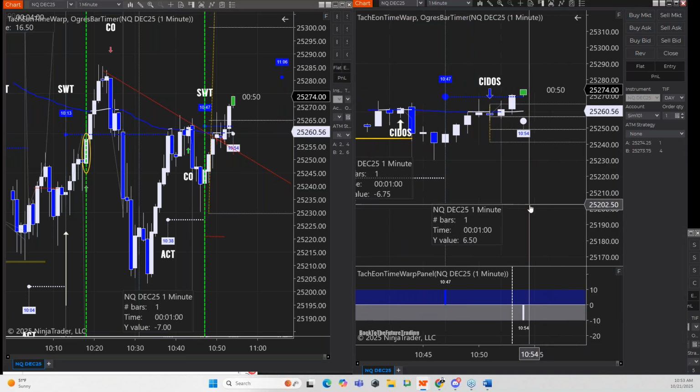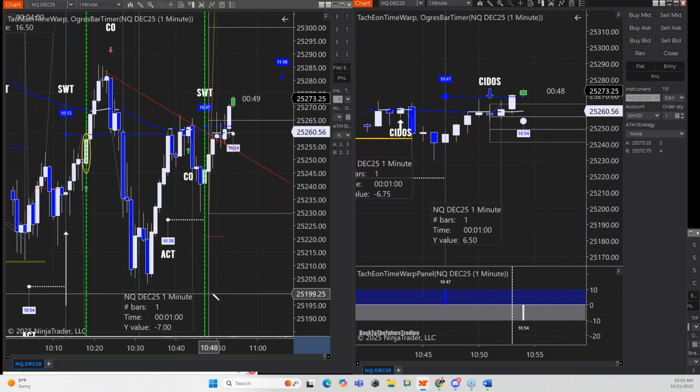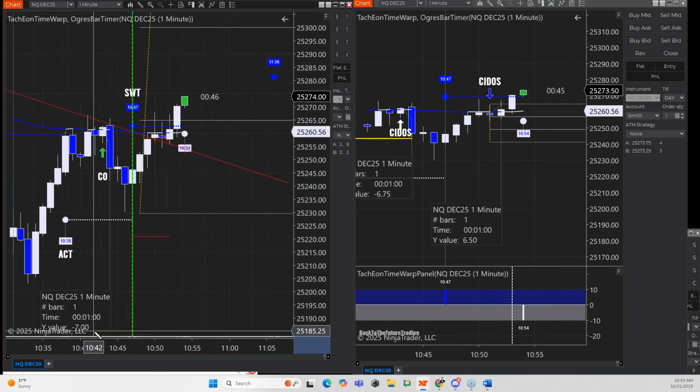We'll be looking for a high close candle for a CDOS. 10:54 coming on the NQ. We'll be looking for a signal with trend until 11:06.